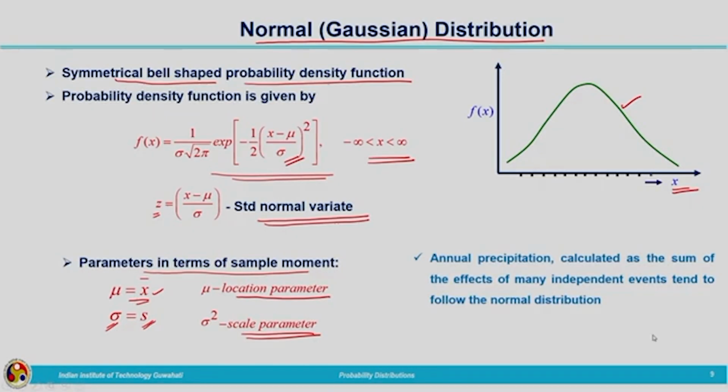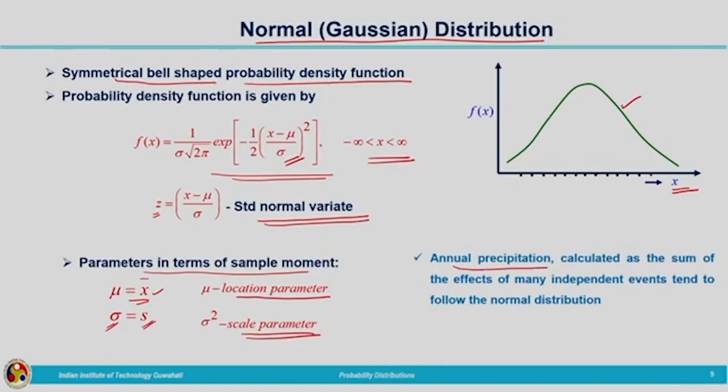Now, for example, in the case of annual precipitation, we commonly make use of normal distribution as the probability distribution. Annual precipitation, that is calculated as the sum of the effects of many independent events, tends to follow normal distribution. Many independent events means each and every day's rainfall is independent of the previous day's or next day's rainfall.